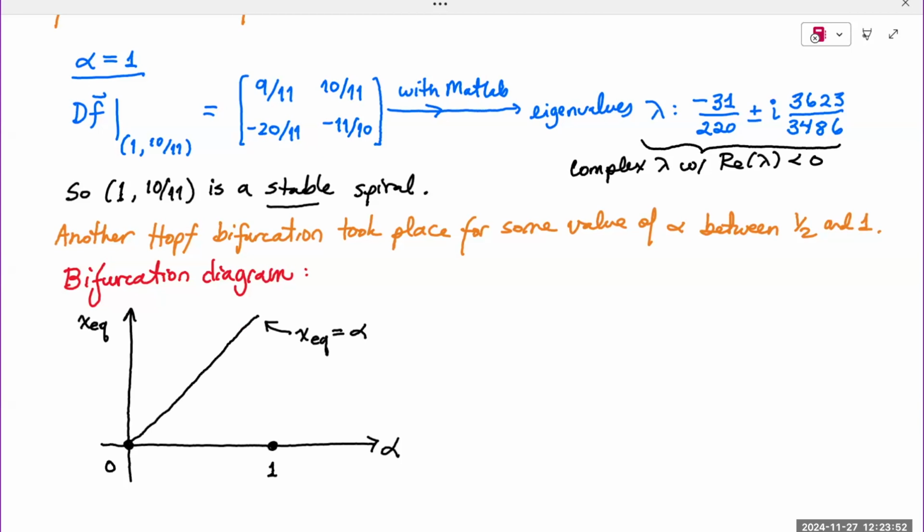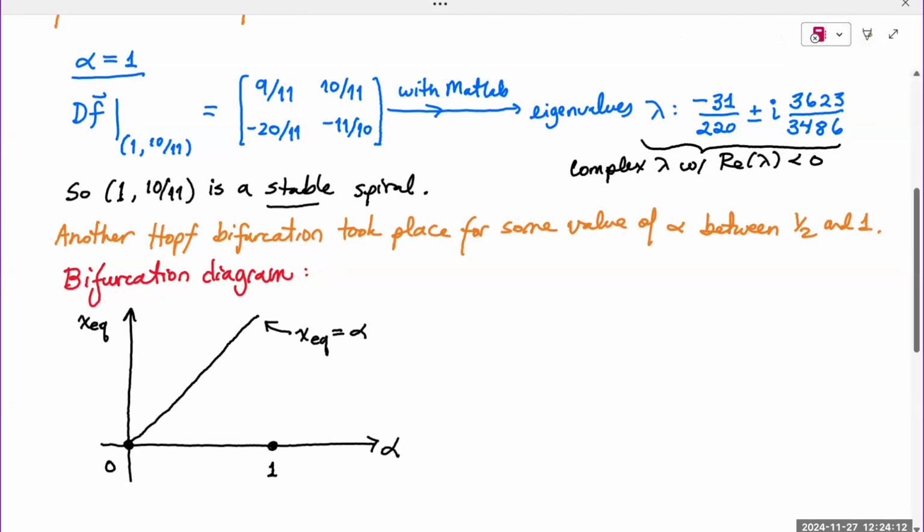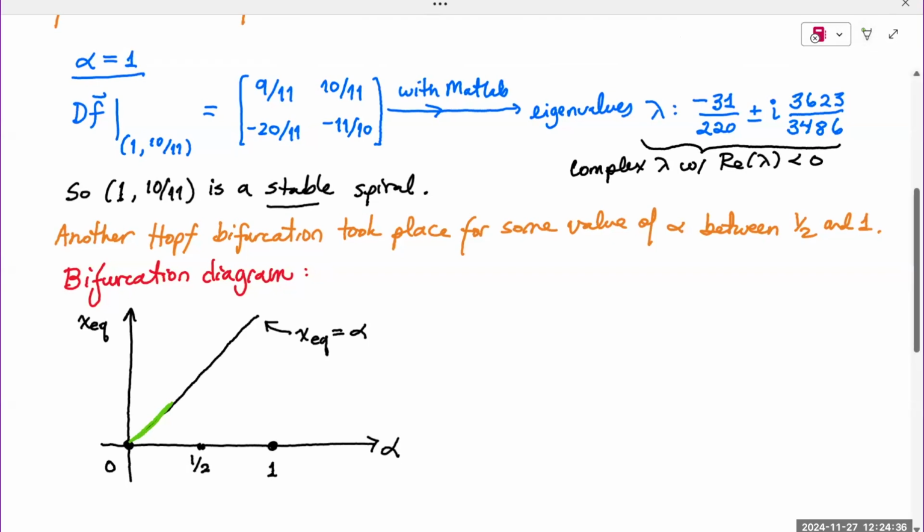So what information can we get from this? Well, we know that there is a loss and regain of stability. And so that is what we will identify on this bifurcation diagram. We know that up to some point that happens before alpha equals 1/2, we have stability. And we know that after some point for alpha between 1/2 and 1, we have stability. And somewhere in between, stability has been lost.